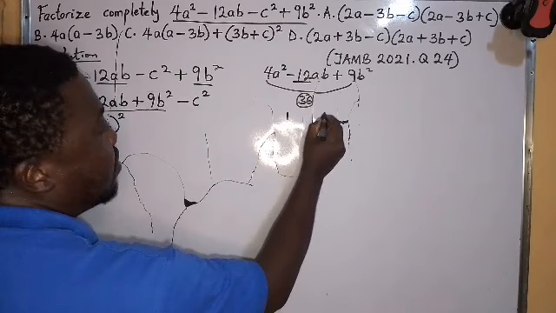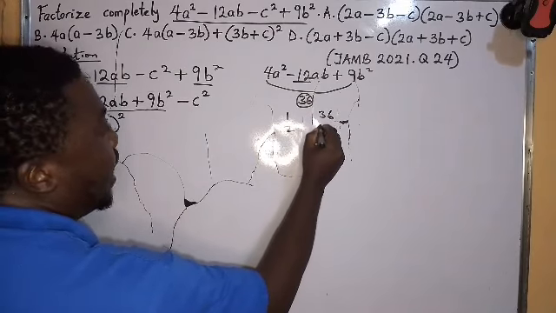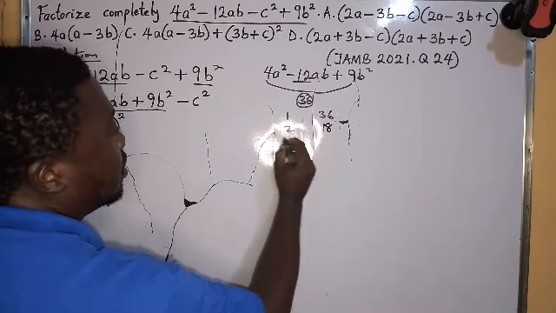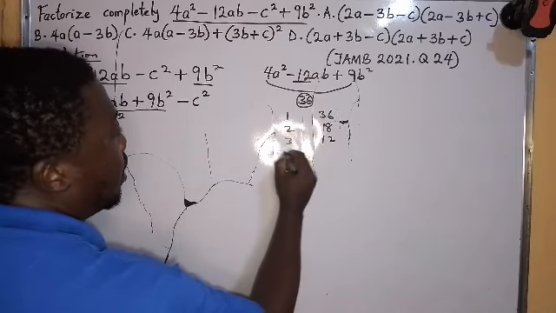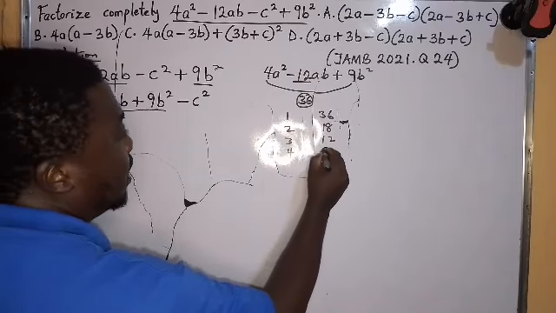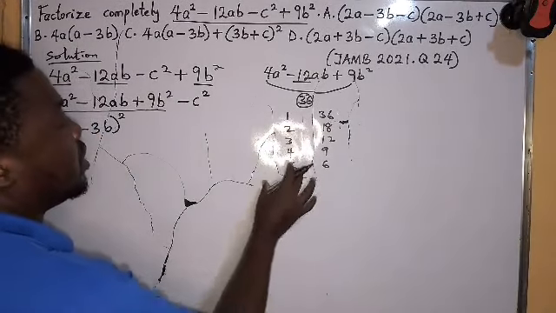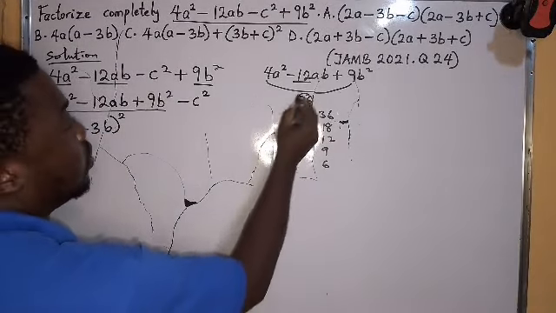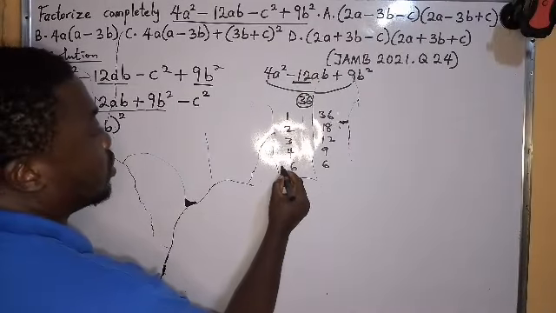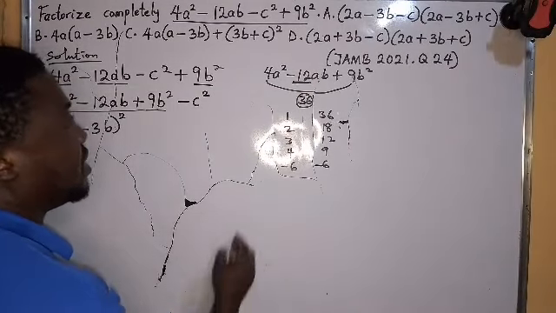We have 1 and 36, 2 and 18, 3 and 12, 4 and 9, and 6 and 6. Which of these will give us minus 12? That is negative 6 and negative 6.